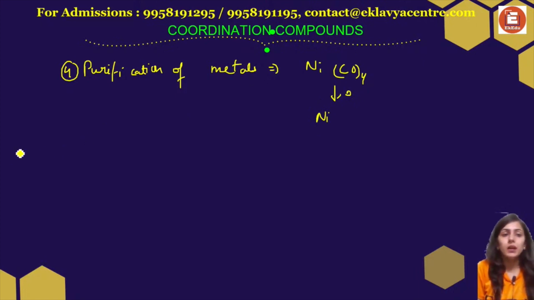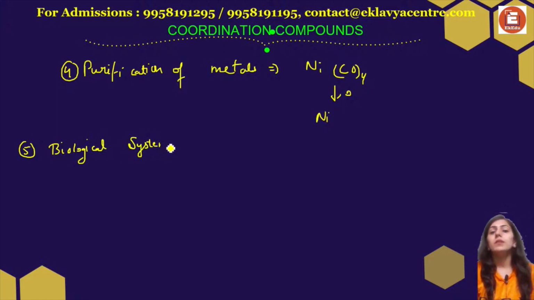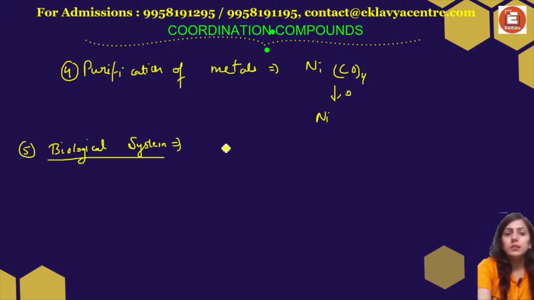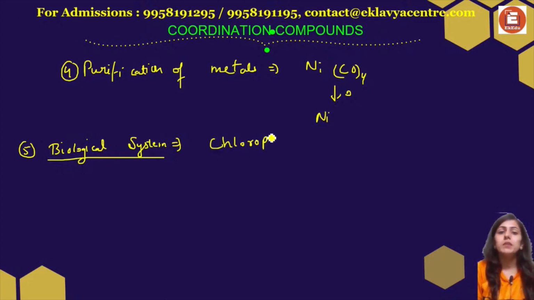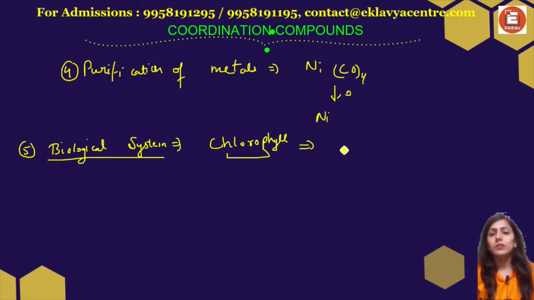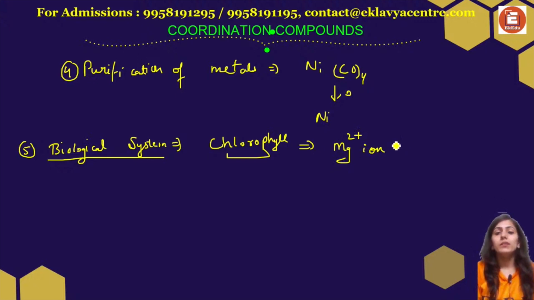In biological systems, how? We know photosynthesis is very necessary for the survival of plants. Chlorophyll is the pigment necessary for the process of photosynthesis. In chlorophyll, we have Mg2+ ion as well as porphyrin rings.